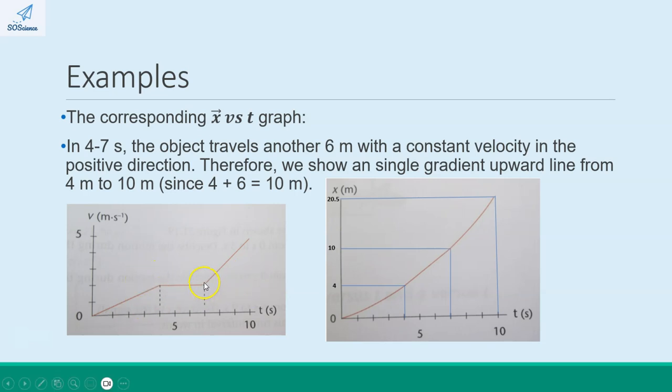Another very important thing is that because this is a flat line, this gradient over here is a single gradient. So while from 0 to 4 seconds, we have to represent our graph with a slight curve, from 4 to 7 seconds, we have a straight single gradient line.